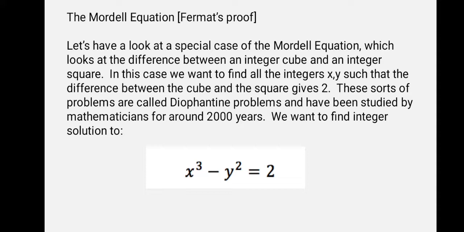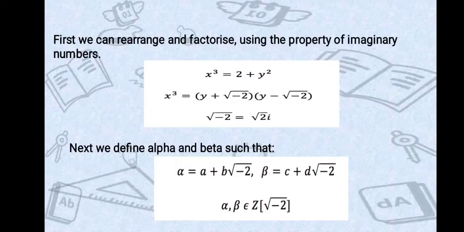We want to find integer solutions to x cubed minus y squared equals 2. First, we can rearrange and factorize using the properties of imaginary numbers, wherein, as you can see in the picture below, we define an alpha and beta such that alpha is equal to a plus b square root of negative 2 and beta is equal to c plus d square root of negative 2.